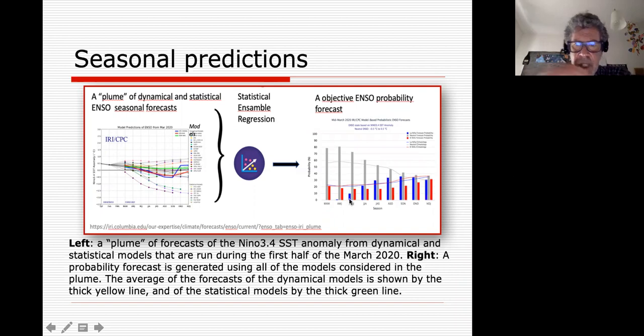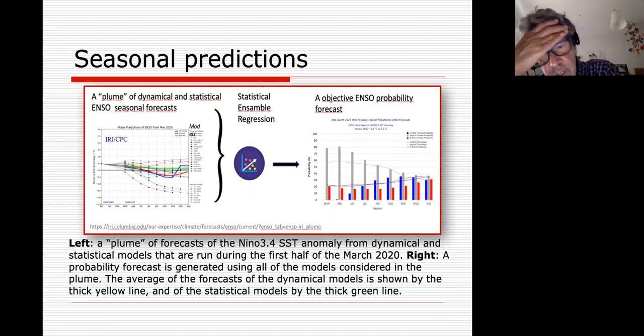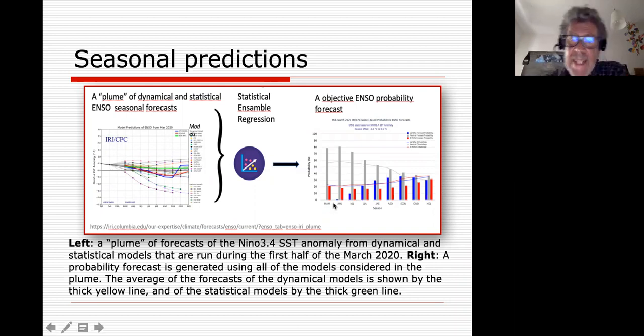In this season of 2020, the prediction is largely no evident signature of change compared to, let's say, the equilibrium state, no El Niño, no La Niña. But if you should have a change, it should be more toward El Niño.